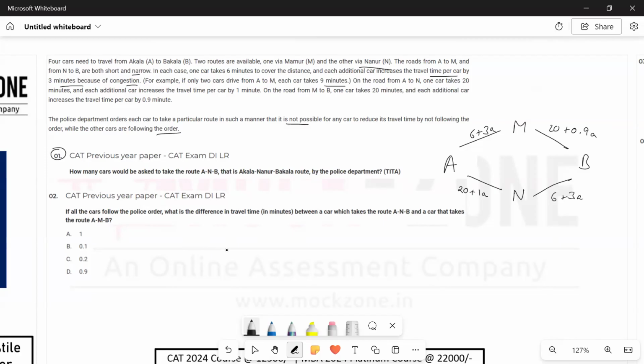Okay, so we need to go from A to B. We have two options. Either take the A M B road or take the A N and then B road. These two options are there.